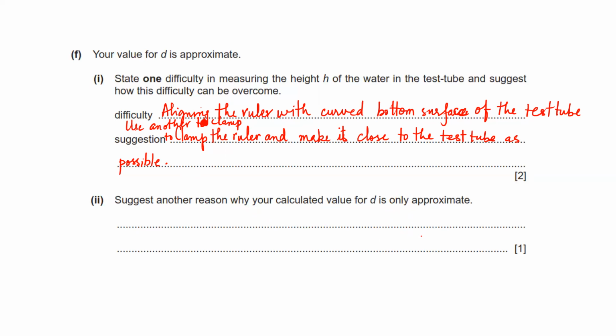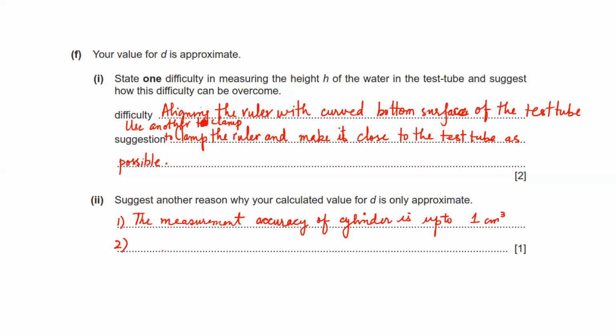And then we have some non-uniformities in the diameter of the test tube as well, so that will also give us some approximate value. So for one reason, we can say the measurement accuracy of the cylinder is up to 1 centimeter cube, and that is a reason for inaccuracy.